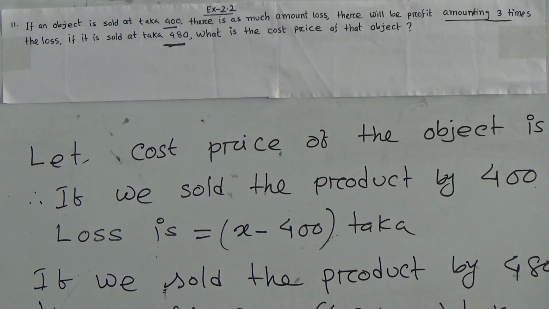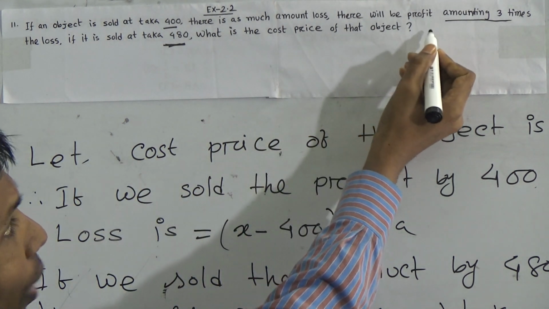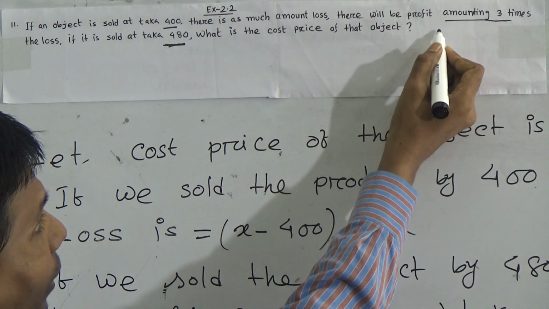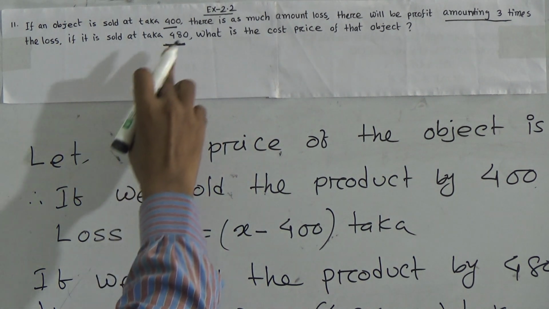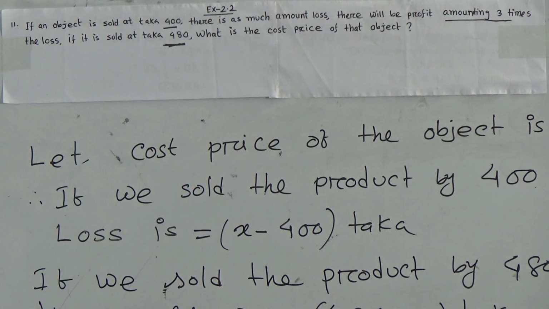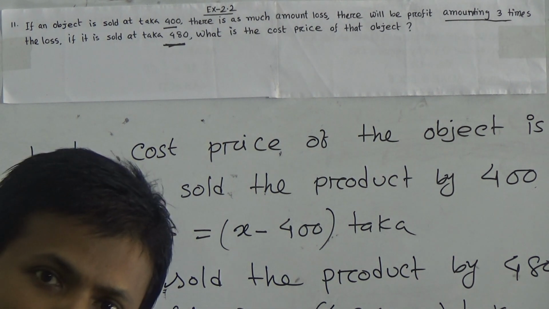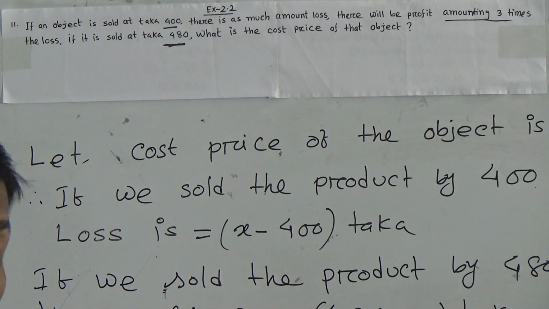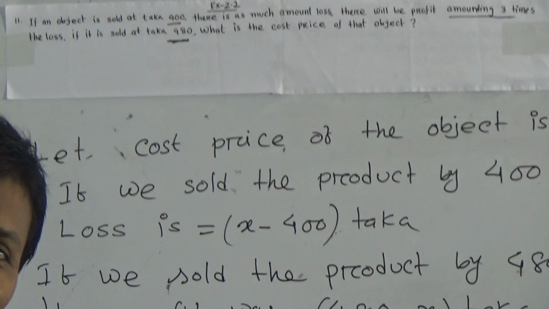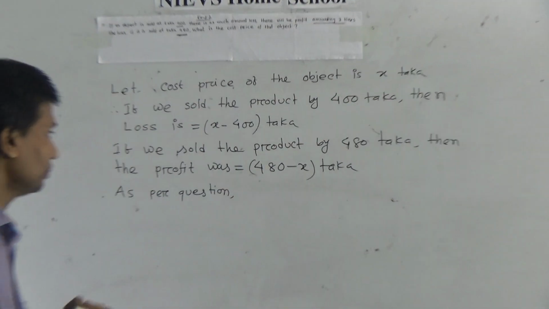You see the condition: there will be a profit amounting to 3 times the loss. That means if you sold the product for 480 taka, then the profit will be 3 times of the loss.